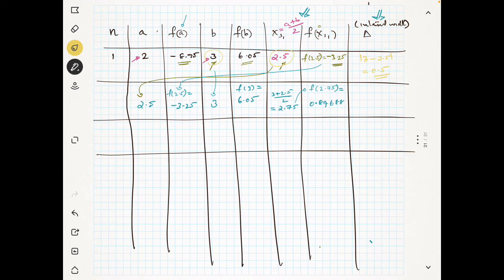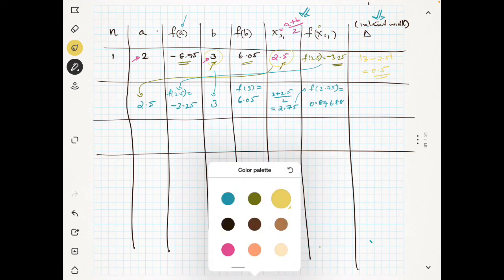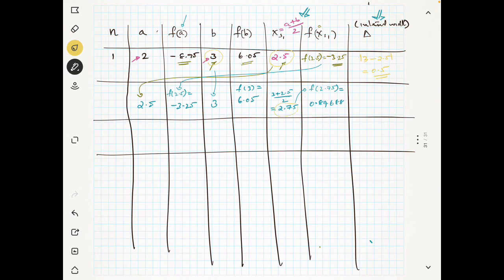So what is the maximum error I can expect here? You see, for my new values, one is positive and one is negative.